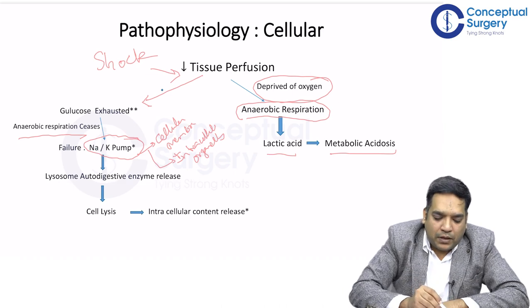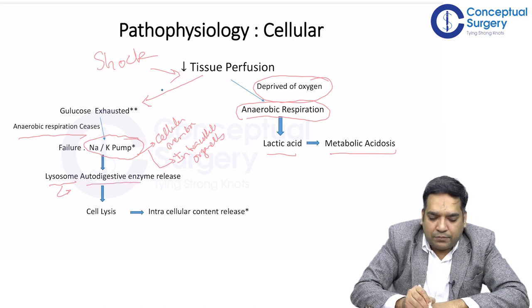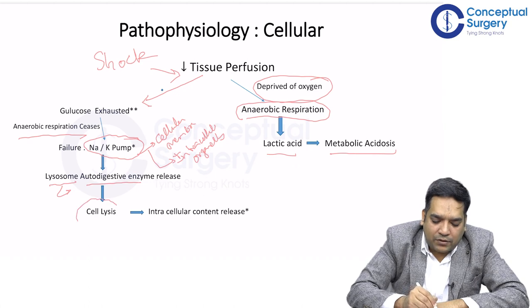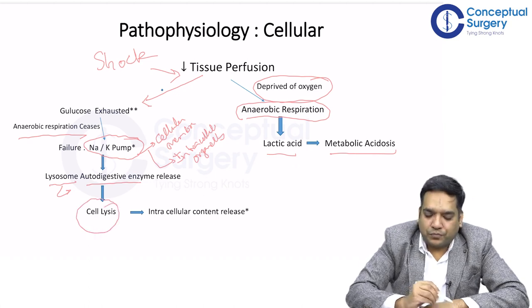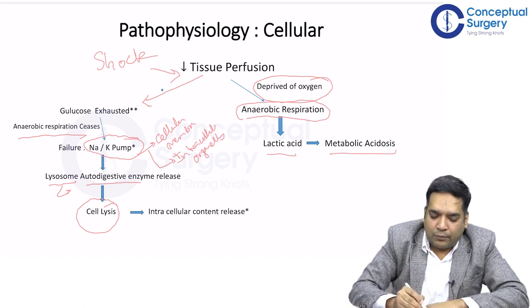This leads to lysosomes getting broken down and releasing their autodigestive enzymes. These autodigestive enzymes lead to lysis of cells, which leads to release of intracellular content into the blood, and the most important component is potassium.